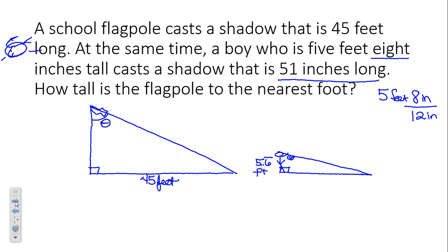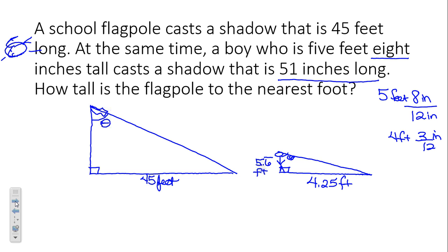So let's change the 51 inches to feet. 4 feet 3 inches is 48 inches, which is 4 feet, plus 3 more. 3 out of 12 is 1/4, right? So 4.25 feet for his shadow.